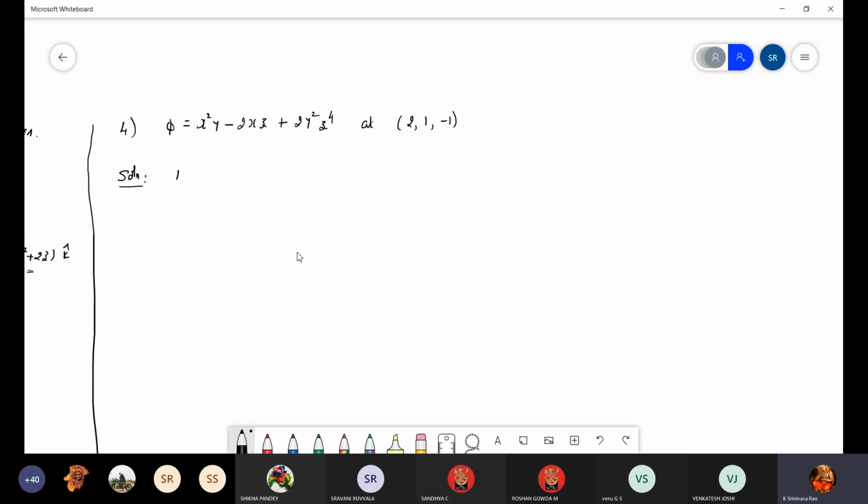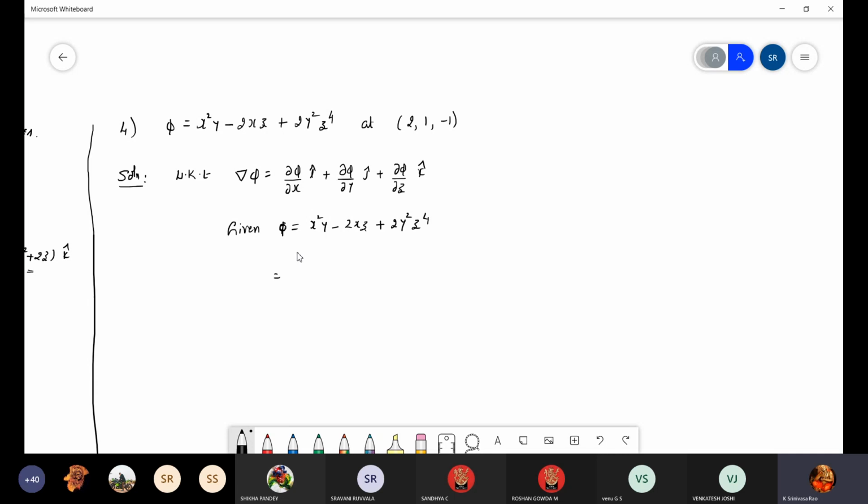We know that grad phi equals, first write the formula: dou phi by dou x i cap plus dou phi by dou y j cap plus dou phi by dou z k cap. Instead of substituting phi in all three, because it is a lengthy equation, just one is enough. Given phi equals x square y minus 2xz plus 2y square z power 4.